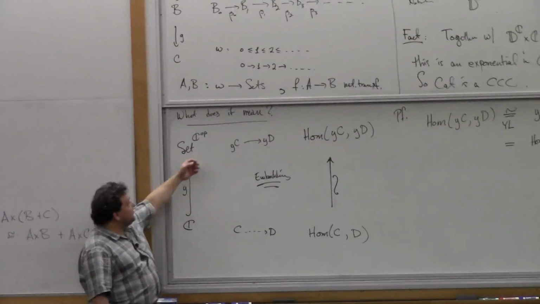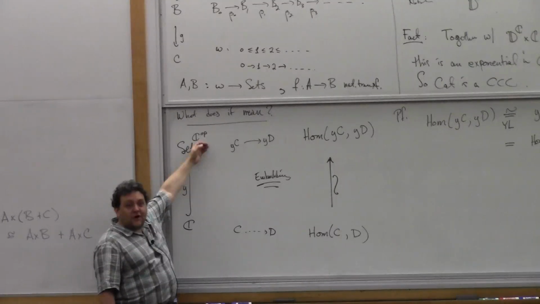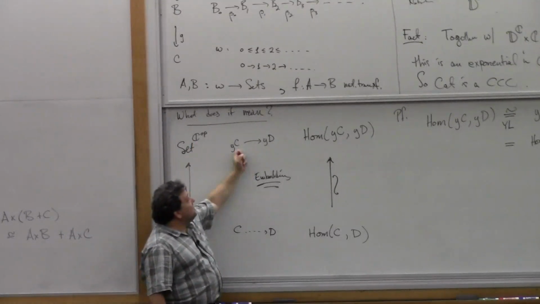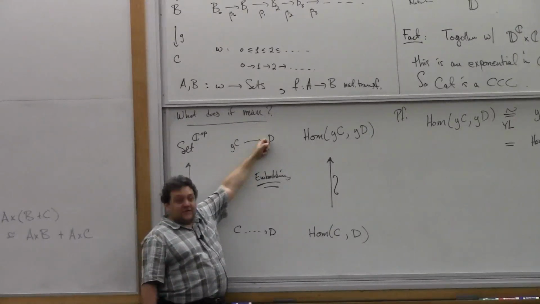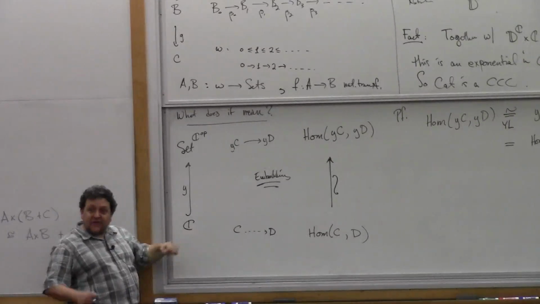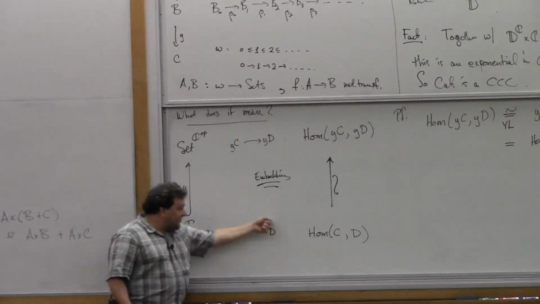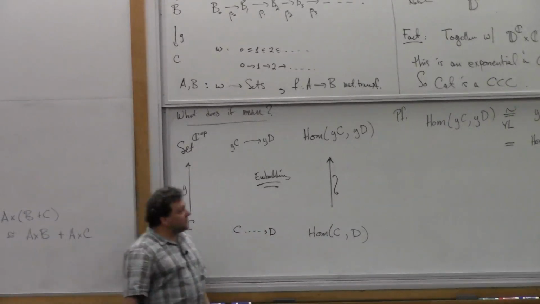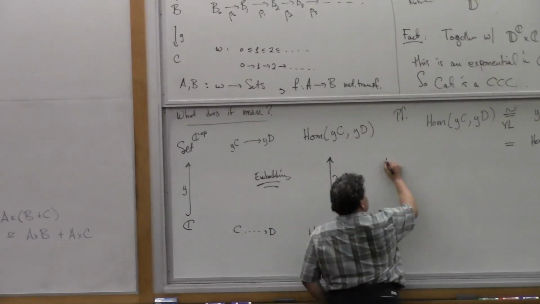The calculus of inductive constructions has an interpretation up here. You can use the calculus now to prove stuff about C. And anything that you can prove about these representable functors is true of C and D, as long as it can be expressed back down here. The thing you're trying to prove is some statement that is about arrows in here. So let me give you some examples now.